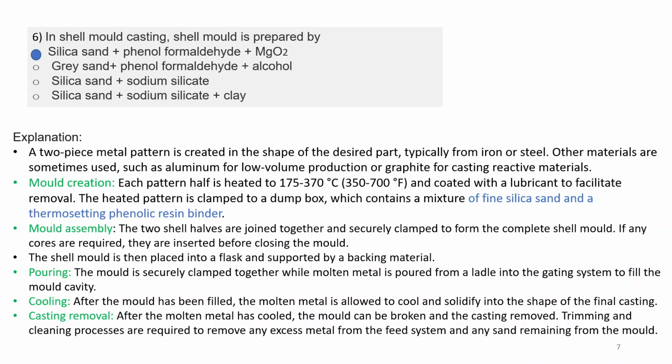And after that you have casting removal. After the molten metal has cooled, the mold can be broken and the casting is removed. And trimming and cleaning processes are also required to remove any excess metal from the feed system and any sand remaining from the mold.